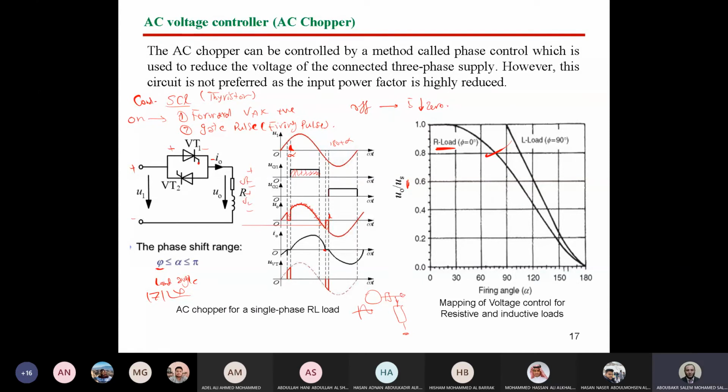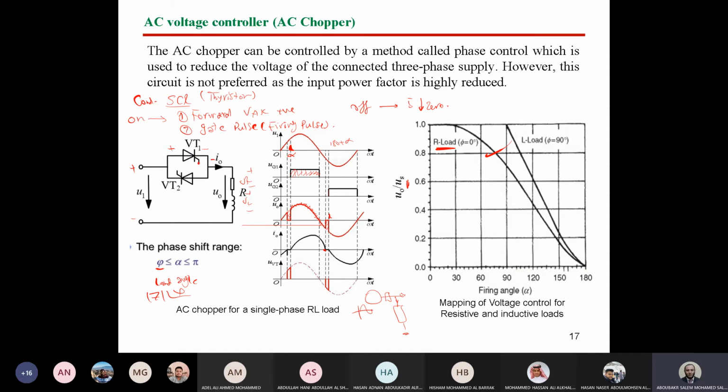It will be reflected to other connected loads, or we can say it will be returned to the supply again. So the removed part from the waveform will be injected into the connected loads, which means harmonics. Because if we analyze the rejected waveform, it will be like harmonics, second order, third order, and so on.